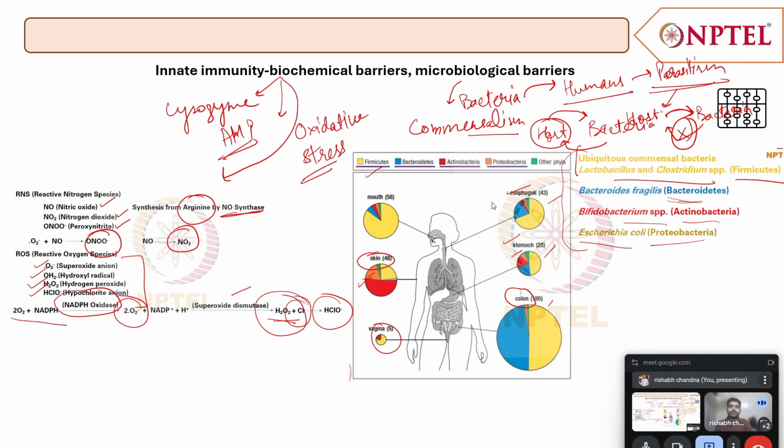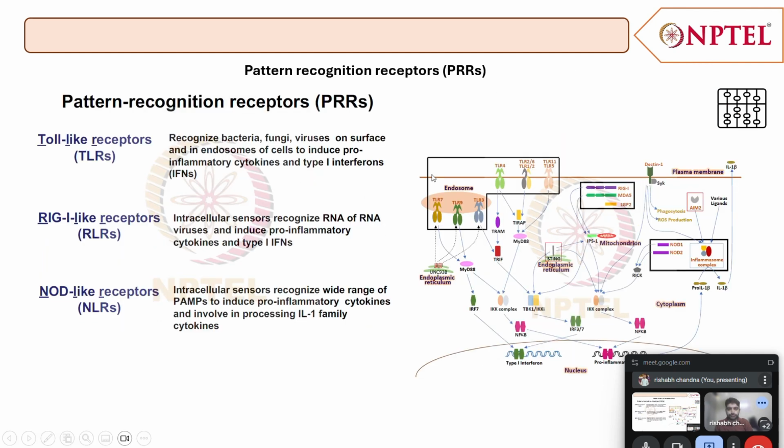Okay, so let's move forward. Now we'll move on to the receptors that help in recognizing different pathogens and different biomolecules. The name itself represents the pattern recognition receptors.